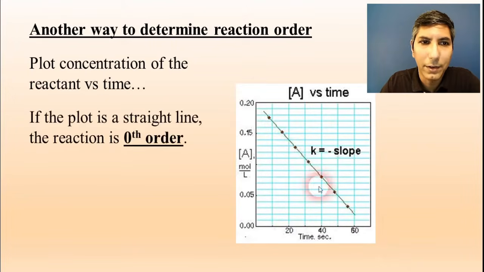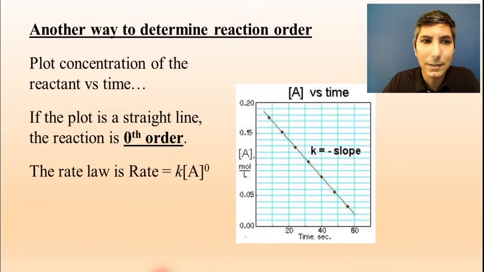If you find that that plot is a straight line, like we have right here, that means the reaction is 0th order. Now, we haven't talked much about that, but essentially what that means is the concentration just decreases steadily over time. It doesn't really have any other factor that is affecting it.